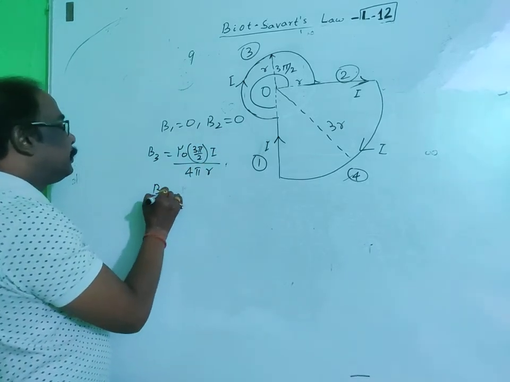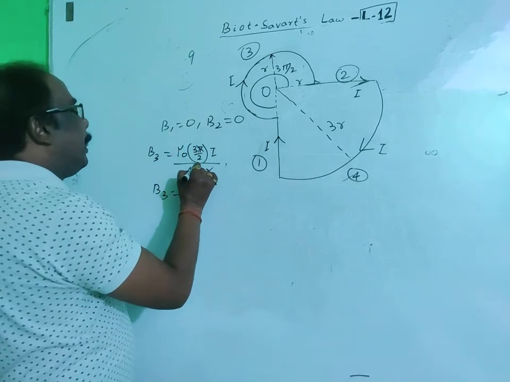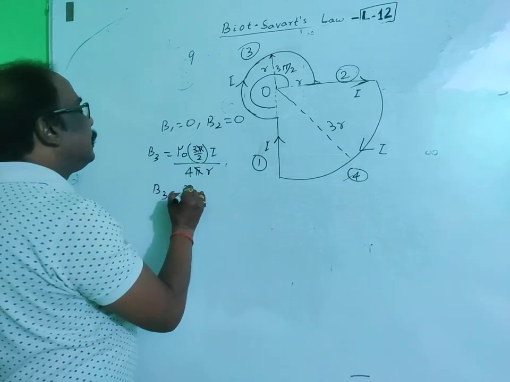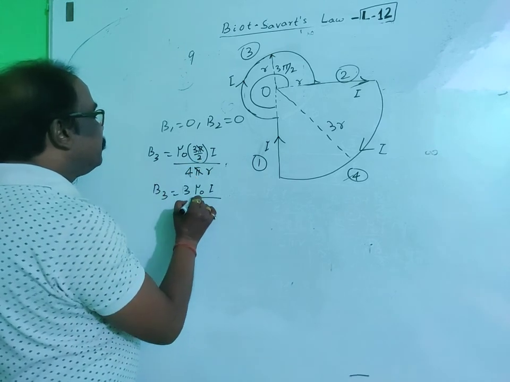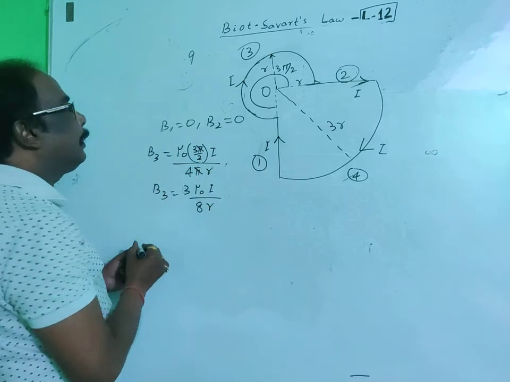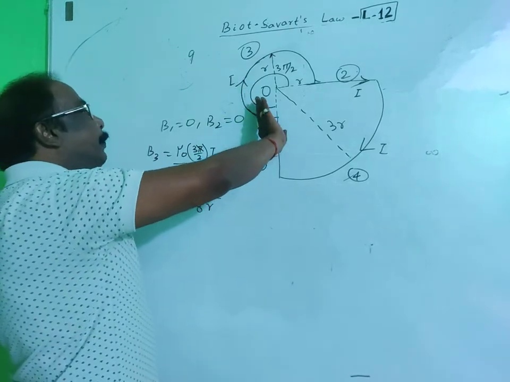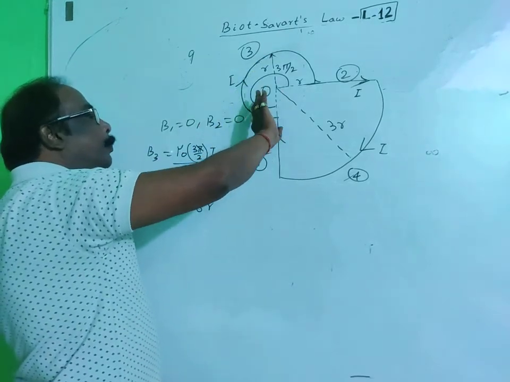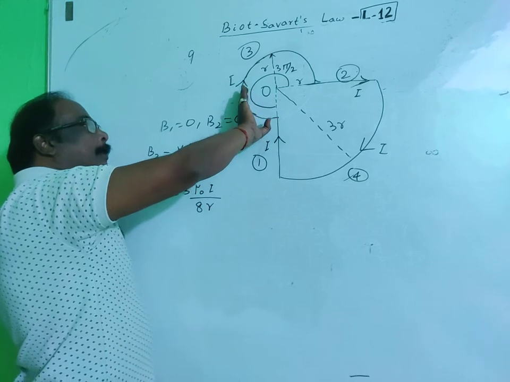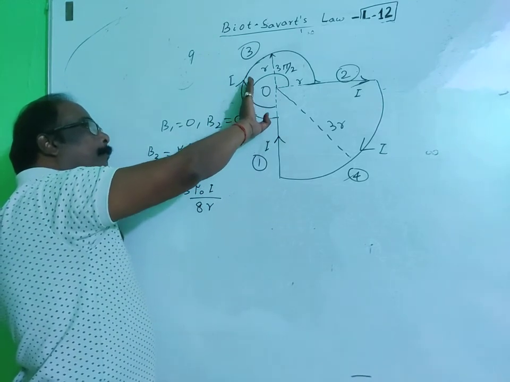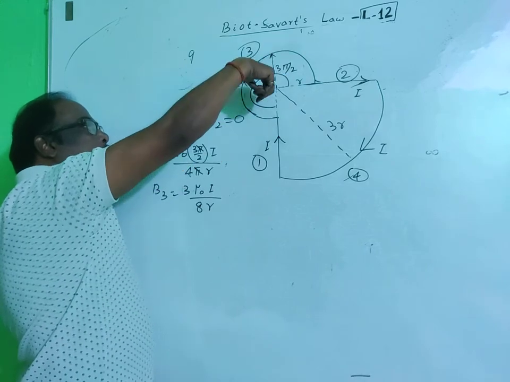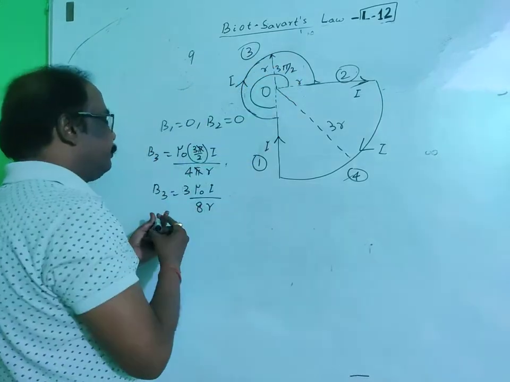Then B3 is equal to, pi gets cancelled, 3 mu naught I divided by 2 into 4, 8r. Then what is the direction? Current is flowing in clockwise order about O. Curl your finger along the direction of flow of current towards O, then direction is inwards.